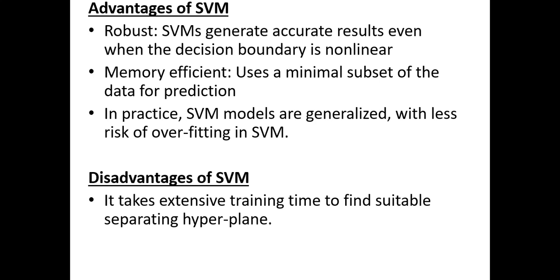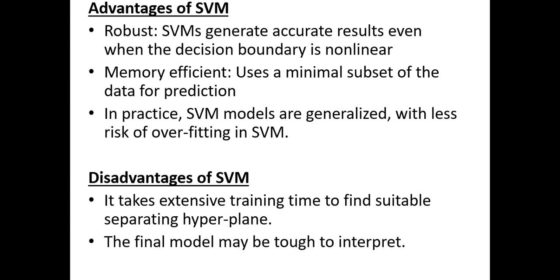Also, the final model may be tough to interpret, because the predicted hyperplane could be accurate or it could not be, so we have to train and test again. So here it is a bit difficult to get a proper hyperplane. So we saw the advantages and disadvantages of support vector machine, and what support vector machine classification is.